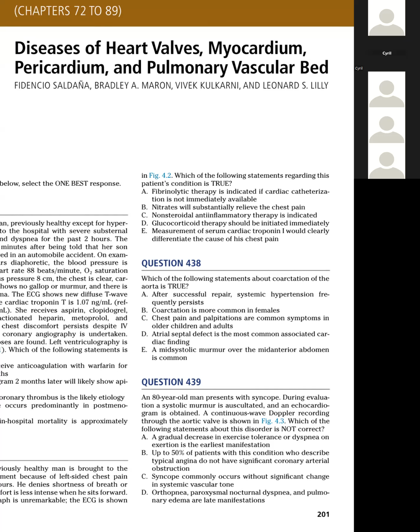C, syncope commonly occurs without significant change in systemic vascular tone. That will likely be true. Orthopnea, paroxysmal nocturnal dyspnea, and pulmonary edema are late manifestations. Backflow. That could be true. Is there any other option again? Can we have?